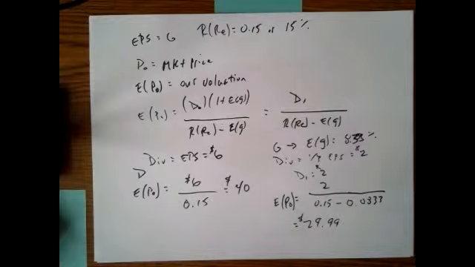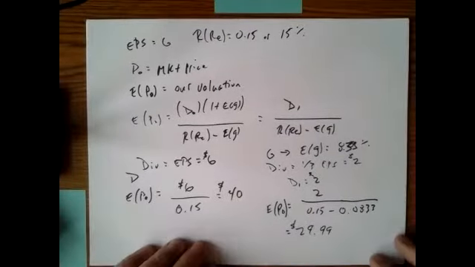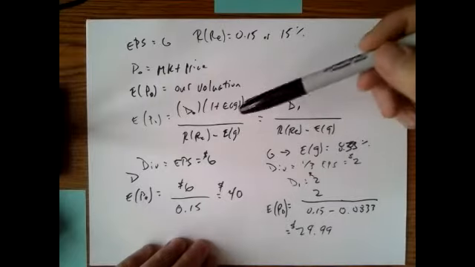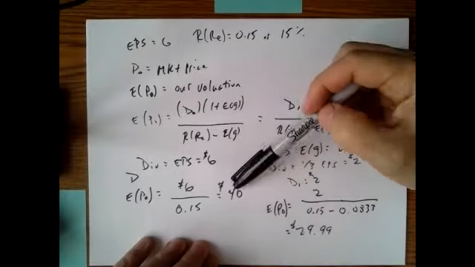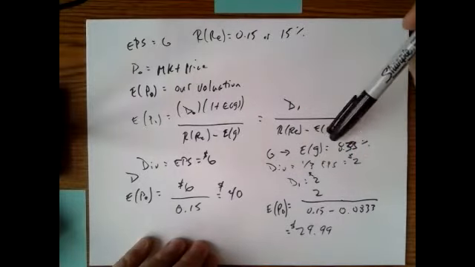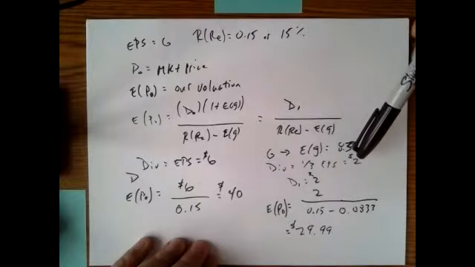So at the end of the day, the firm D that pays out all its earnings in dividends is actually more valuable than firm G, which pays out only 1/3 of its earnings in the form of dividends.